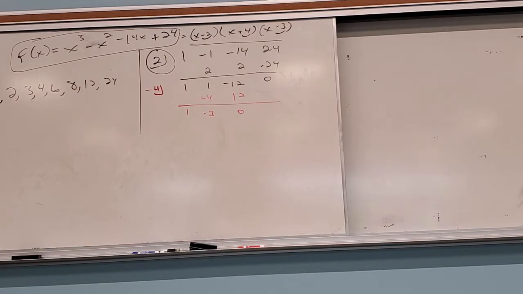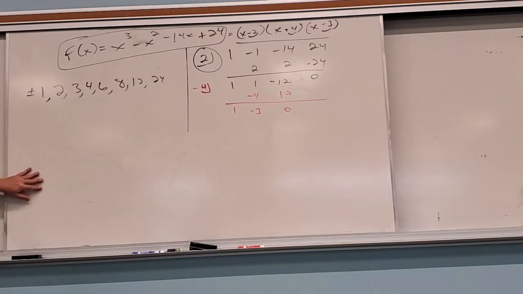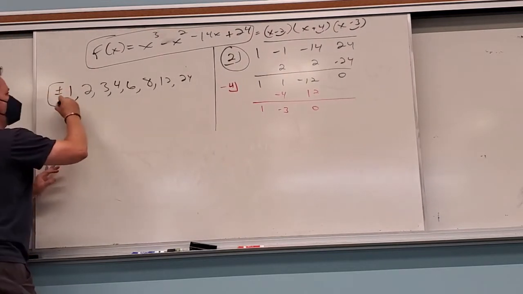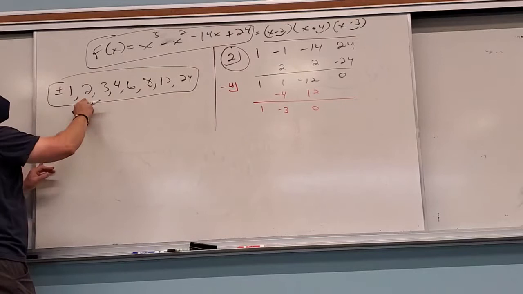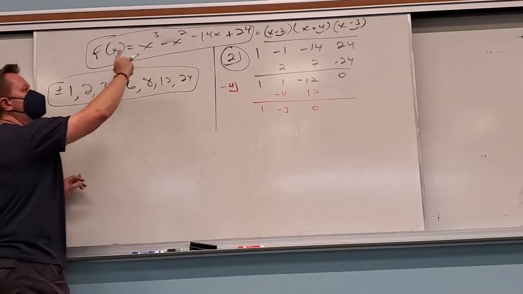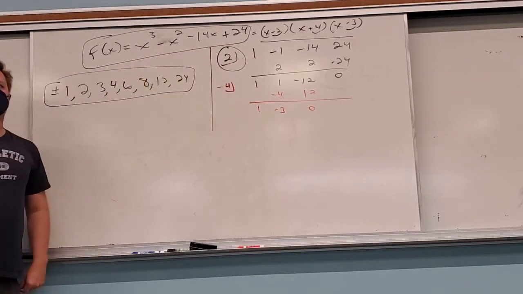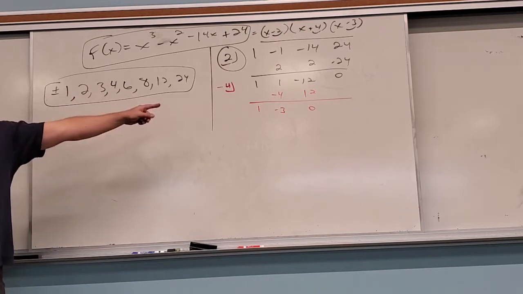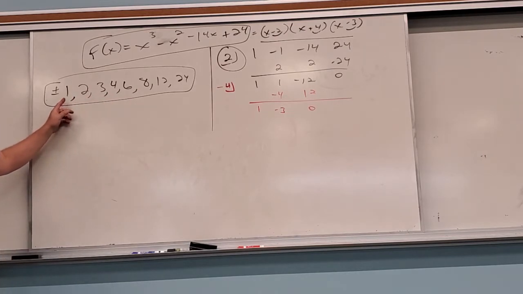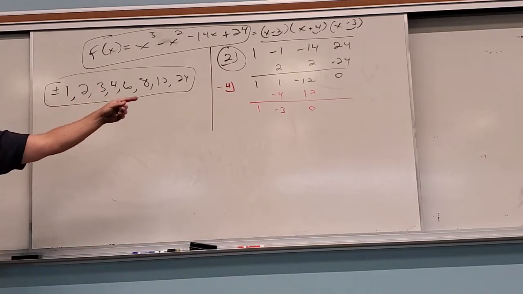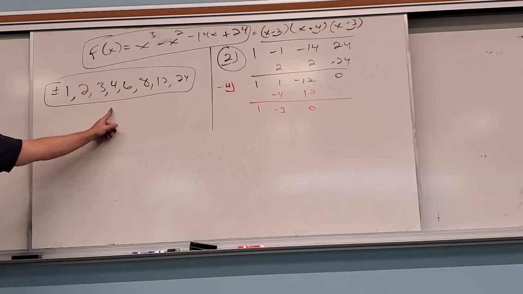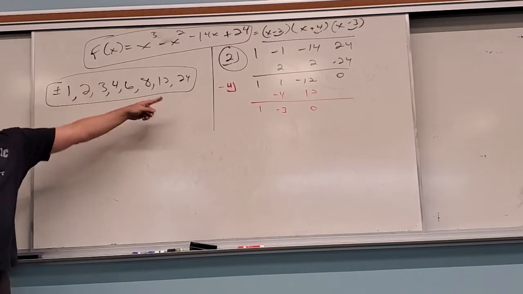So we're going to get to a point, and I think you guys can already see how to construct this list, because you need to first construct the list of all the possible things that will work, and then you try them. Yes? Does that kind of suck? How long is this list? 16. You guys see that? There are 16 numbers up here, positive and negative.